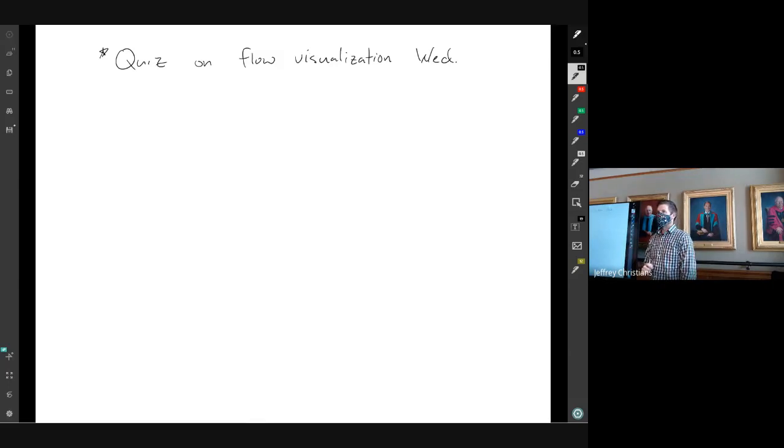It's not a long quiz, but it'll test whether you understand the difference between a streamline, a streak line, a path line, and velocity vectors. There'll be a short video that we watch, and then you'll try to figure out streamlines and path lines from the visuals. If you know those definitions, you'll be in a good spot. So look for that at the start of class on Wednesday.